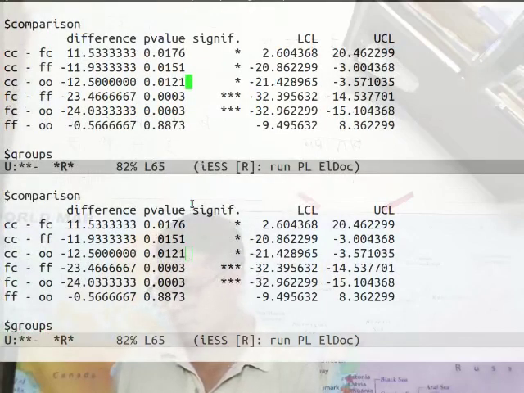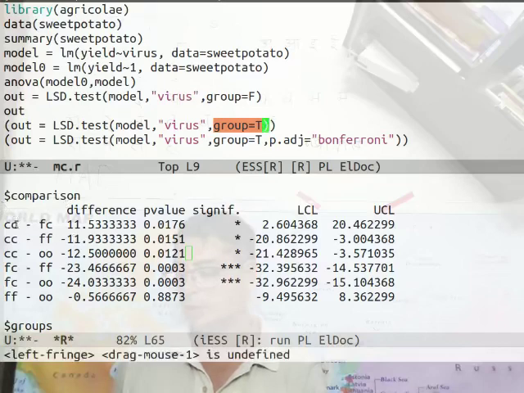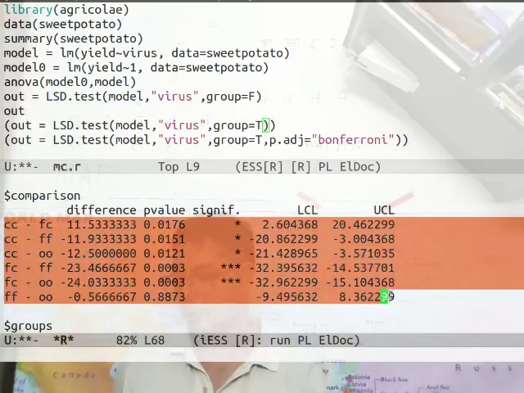So let's quickly see how it can do that. So here you notice I wrote group equal to false, and that is the default. Now if you write group equal to true, in that case it will do the grouping for you, but it will not provide you with this comparison table. So it will keep this internal to itself.